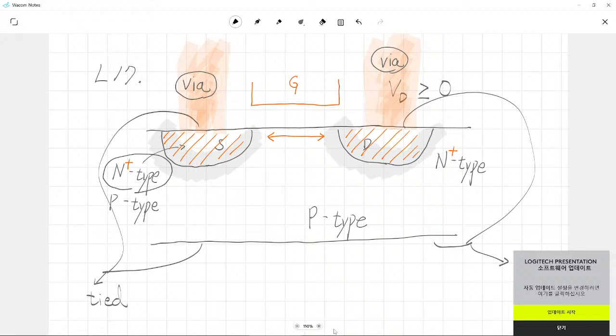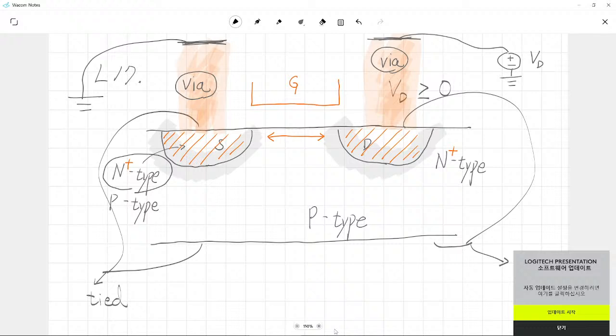Now you understand what you do in reality: just connect our metal to ground, and connect the other metal to a certain voltage source. Then that amount of voltage applied to this right contact is acting as a bias voltage, the drain bias voltage. So if you apply something, then you will have something.